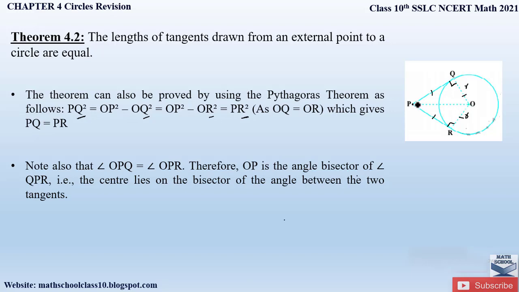So this bisector lies on the center of the circle, that is O. So therefore, whenever this condition occurs where the point P is lying outside the circle and there are two tangents drawn to the circle whose lengths are equal, OP forms the bisector and the angle OPQ will be equal to angle OPR. Okay, so these are the few important things that you have to know from this chapter 4 circles.